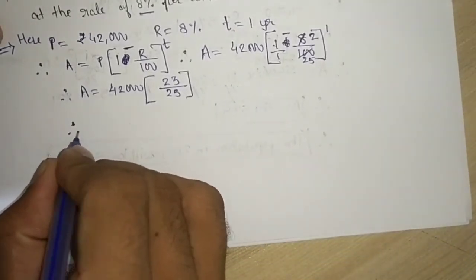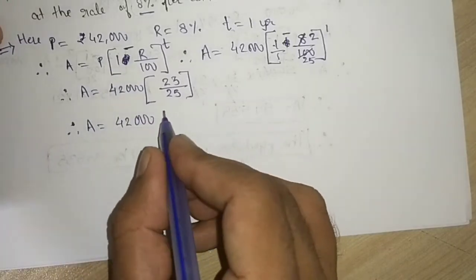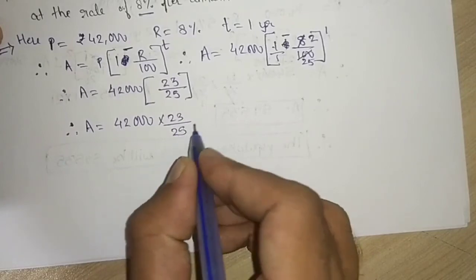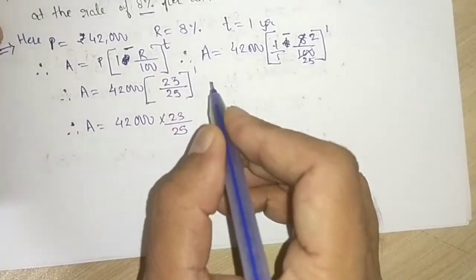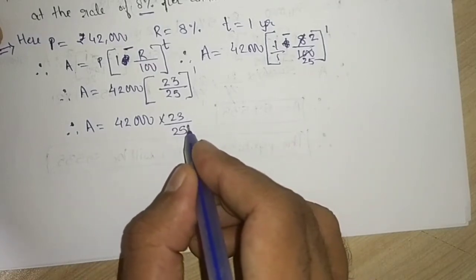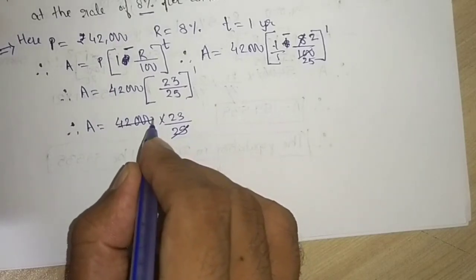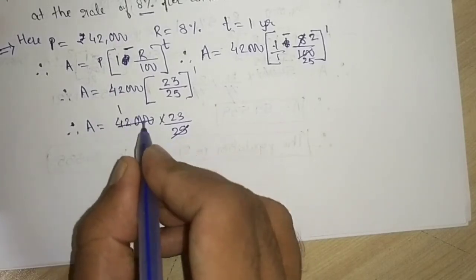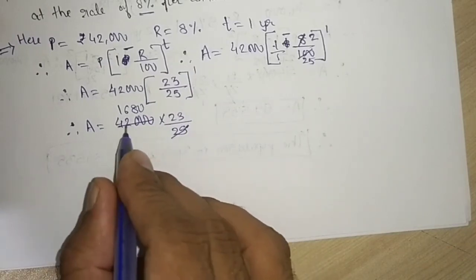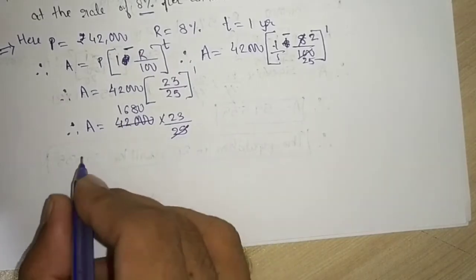Therefore, amount is equal to 42,000 into 23 divided by 25. Since it is raised to power 1, we will keep it as it is. When you cancel out 25 and 42,000, you will get 1,680. When you divide 42,000 by 25, you will get this amount.